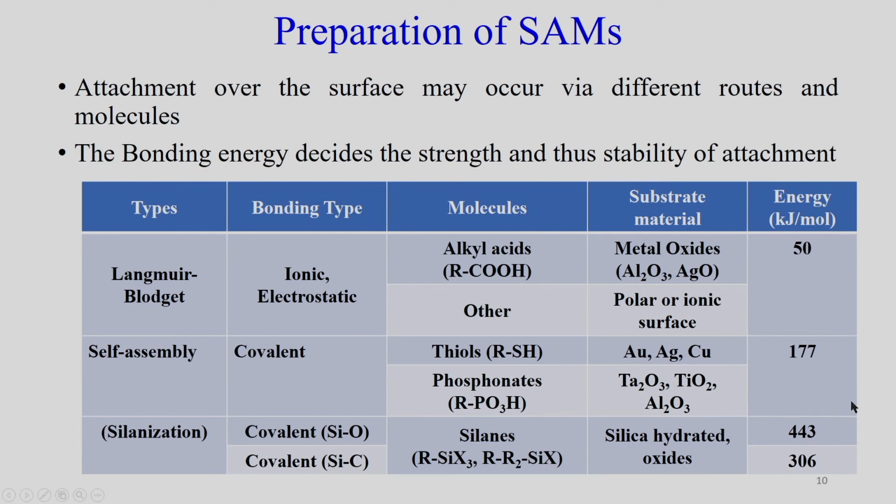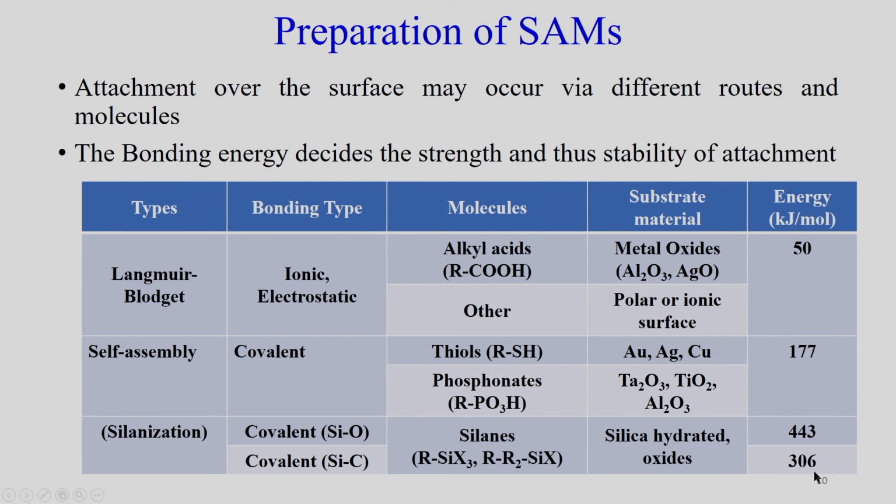In case of thiols the bonding energy is 177 kilojoule per mole, but if you are going for silanization, then we are using silane, and it can be applied on silica or oxide surfaces, and here there will again be covalent bond formation, SiO or SiC, and here the bonding energy is the highest among them.